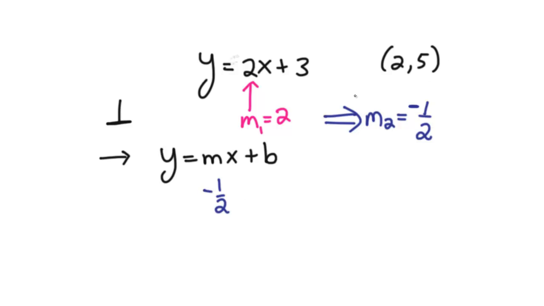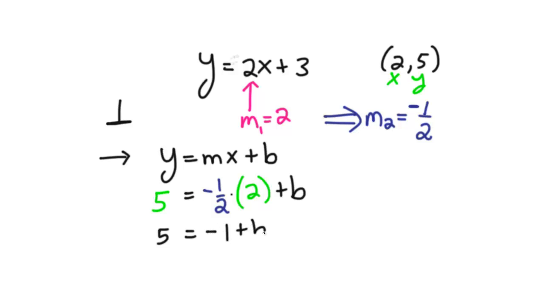The point we want to use is (2, 5), so 5 will go here for the y, and the x will be 2, plus the b. Now we have one equation, and the only unknown is b. Let's do it out. We get 5 on the left-hand side, and a negative 1/2 times the 2, which is negative 1, plus b.